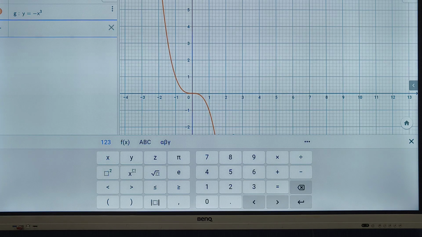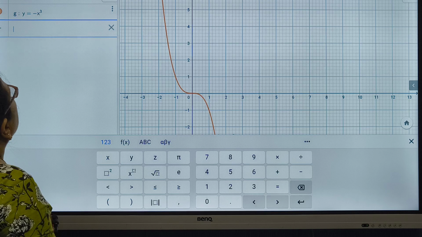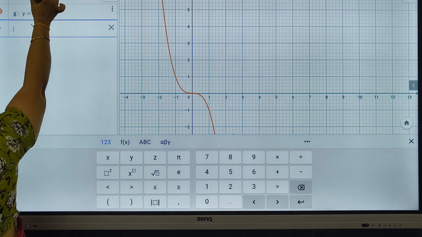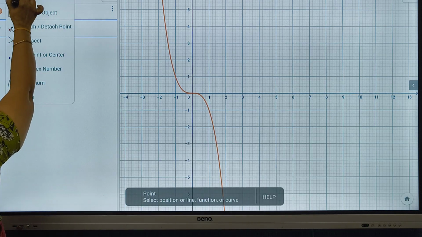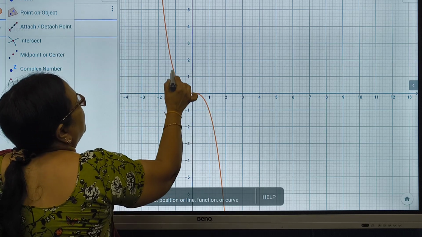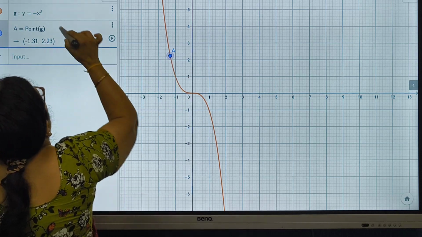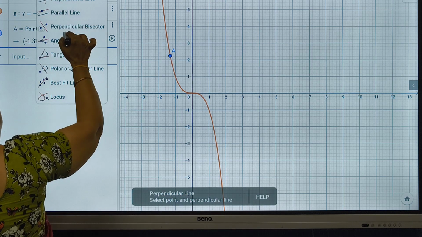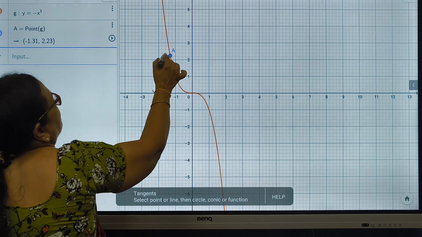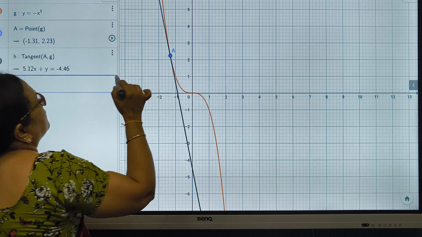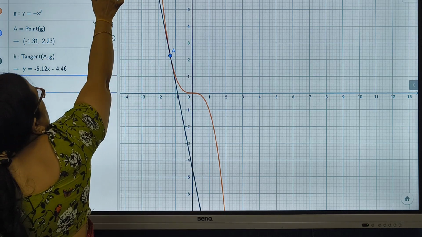This one is y equal to minus x cube. Okay. Now let us see what happens to the slope. So first I need a point. Let me mark a point here. And I need a tangent line. Okay. I need to fix the slope.